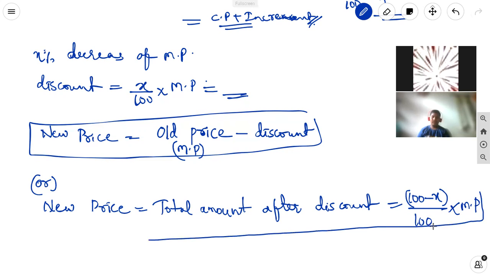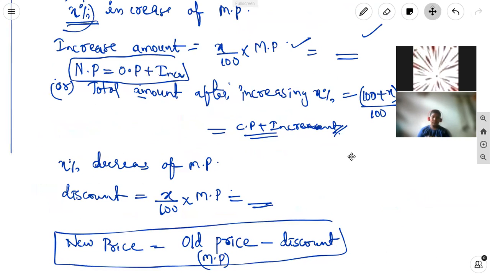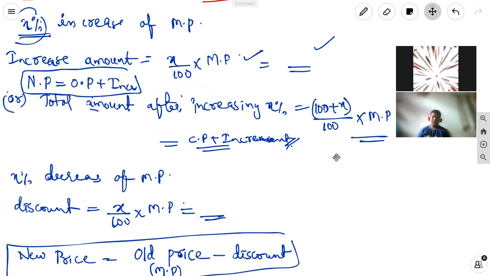This is the new price or total amount after discount. If it is a discount we subtract from 100; if it is an increment we add to 100. That is the change: increasing, adding; decreasing, subtracting from 100.